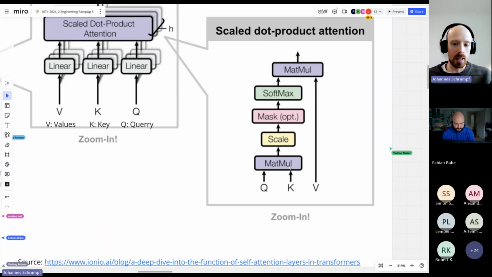So the query and the key get multiplied with one another. Then they get scaled. Then they get put through a softmax function, an activation function. And then they again get matrix multiplied with the value here.